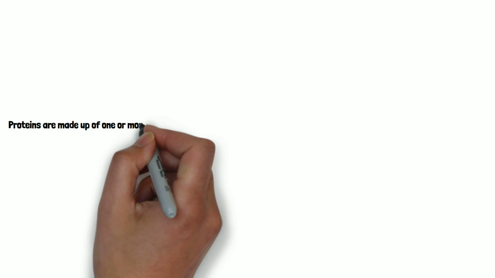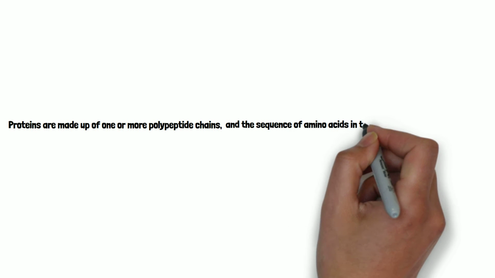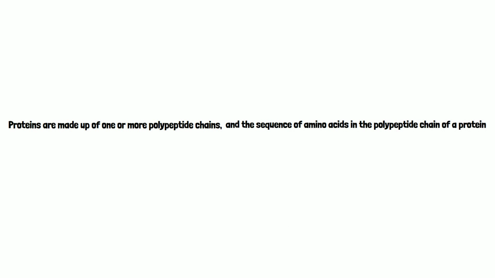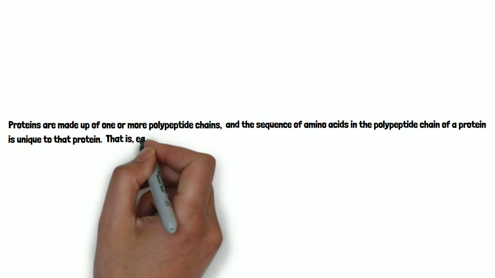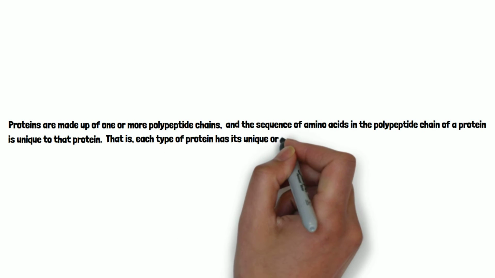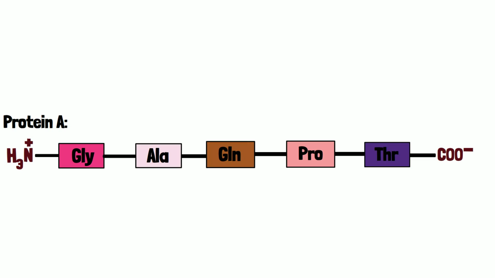Now, proteins are made up of one or more polypeptide chains, and the sequence of amino acids in the polypeptide chain of a protein is unique to that protein. That is, each type of protein has its unique or particular amino acid sequence. For example, this is the sequence of amino acids in this protein.